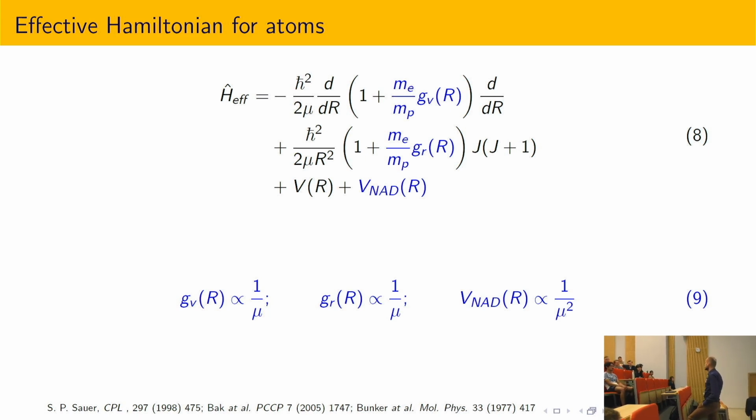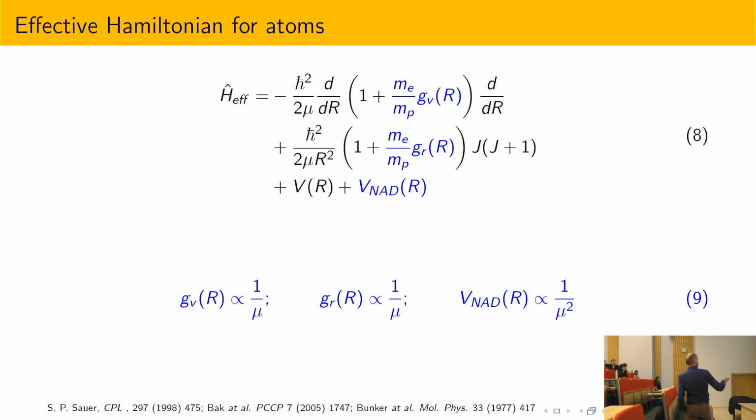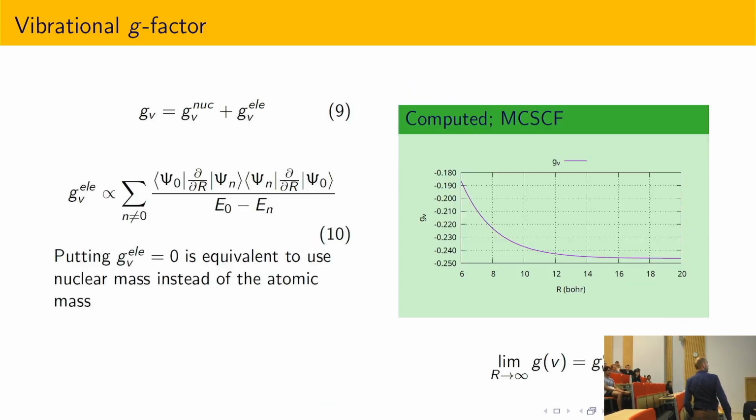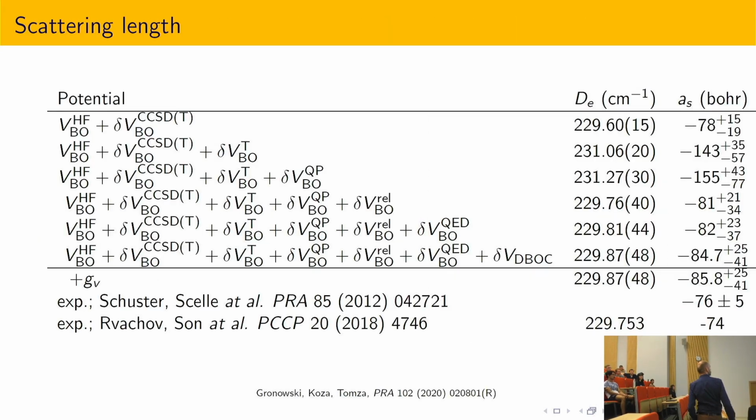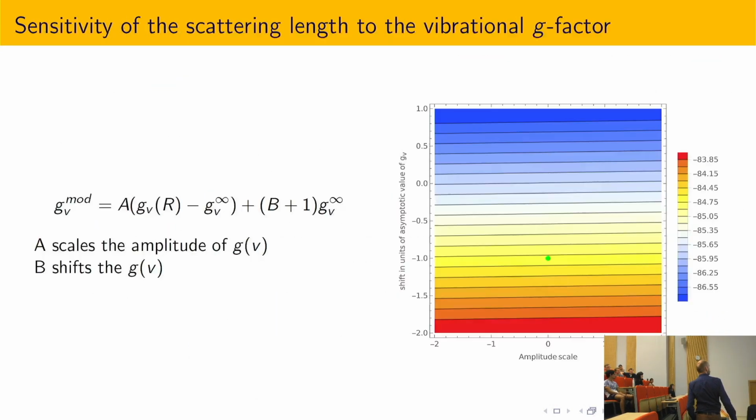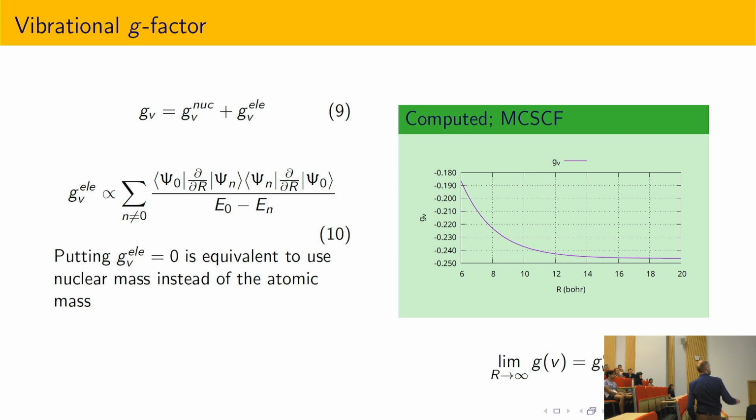But at the same time, please remember that this is a proportionality, and the proportionality factor also contains, in this equation, the components which contain the electronic contribution. As you see here at the bottom, you have the difference between the electronic state which is interesting for you and some other state.